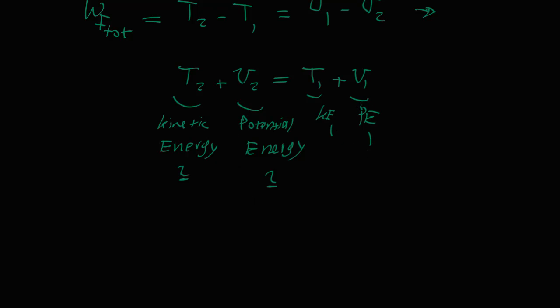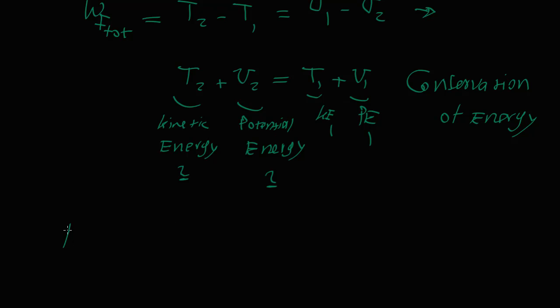So this is basically the equation for conservation of energy. It is telling us if the system is conservative, all the forces acting on the particle are conservative, then we have conservation of energy. The kinetic energy plus potential energy at the end point is equal to kinetic energy plus potential energy at the starting point.